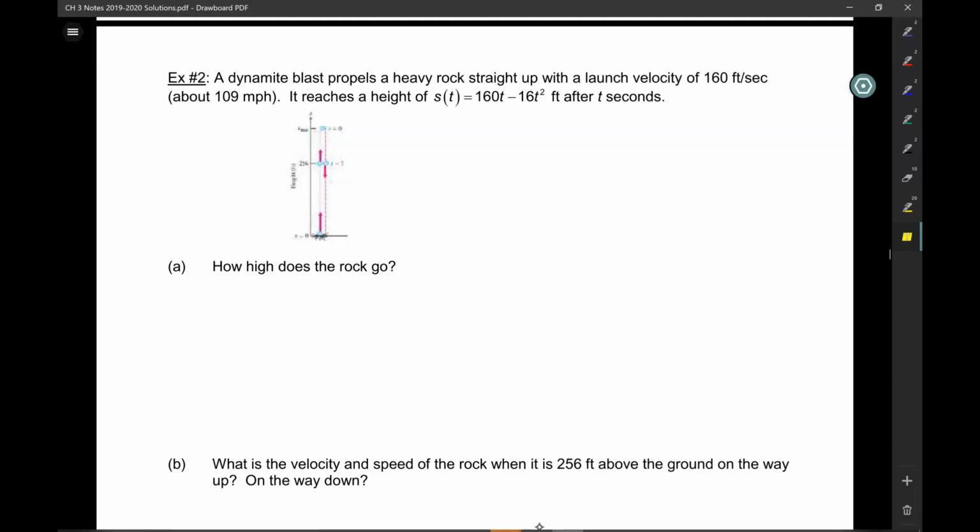In meters per second, it's negative 9.8 t squared, right, always. Okay, so it is going up with a velocity of 160 feet per second, which is about 109 miles per hour. It reaches this height after t seconds. Okay? So this is its position.